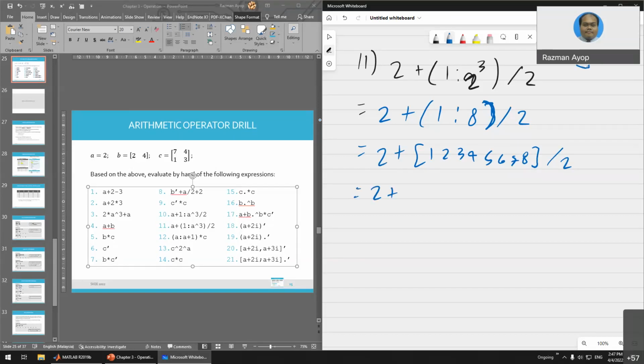So 2 plus 0, 0.5, 1, 1.5, 2, 2.5, 3, 3.5, 4. And then the last one is plus, so 2.5. Don't forget the square bracket. 3, 3.5, 4, 4.5, 5, 5.5, 6.